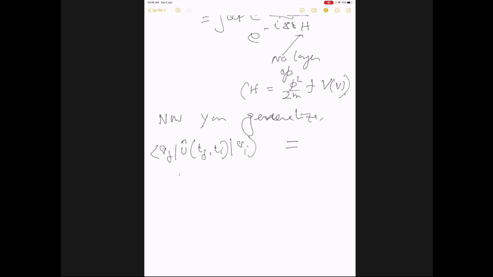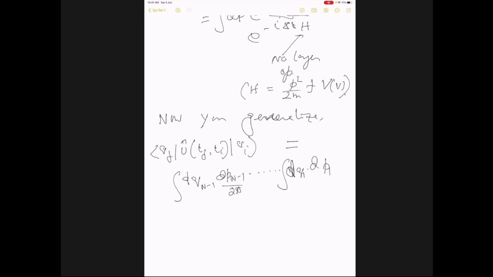So the full path from QI to QF is dq n minus 1, dp n minus 1 by 2 pi, dot dot dot, dq1, dp1 by 2 pi for each of them. dq was already there.